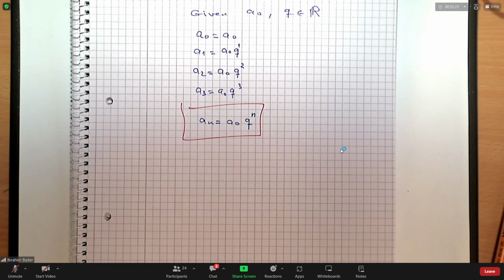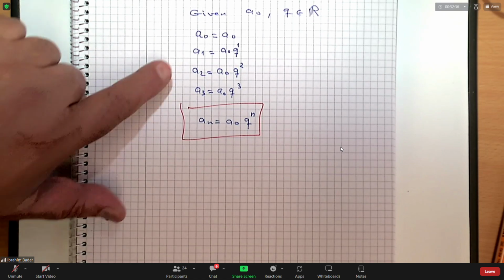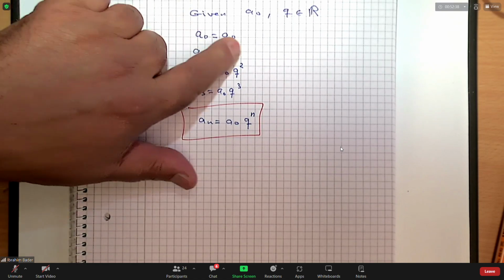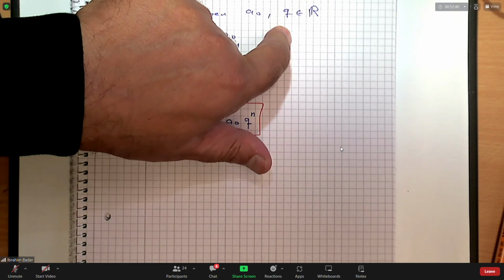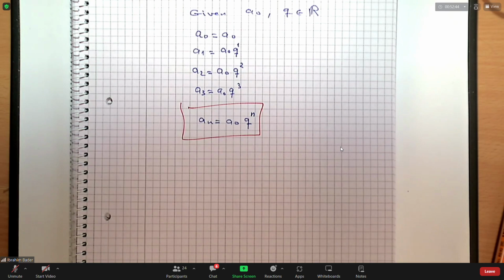What about the explicit formula? It's n times d or n minus 1 times d. Yeah. So I hope it's clear for everyone. If you just shift, that means here we started at A0. Now if you start at A1 here, then the nth will be n minus 1. So you will be shifting.